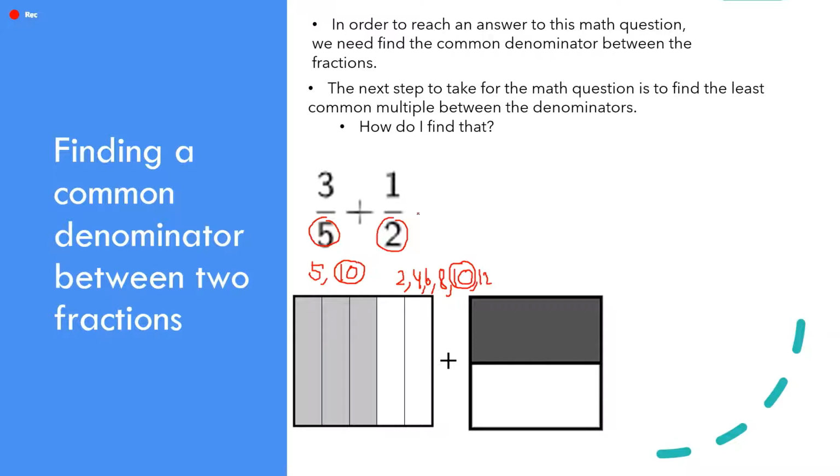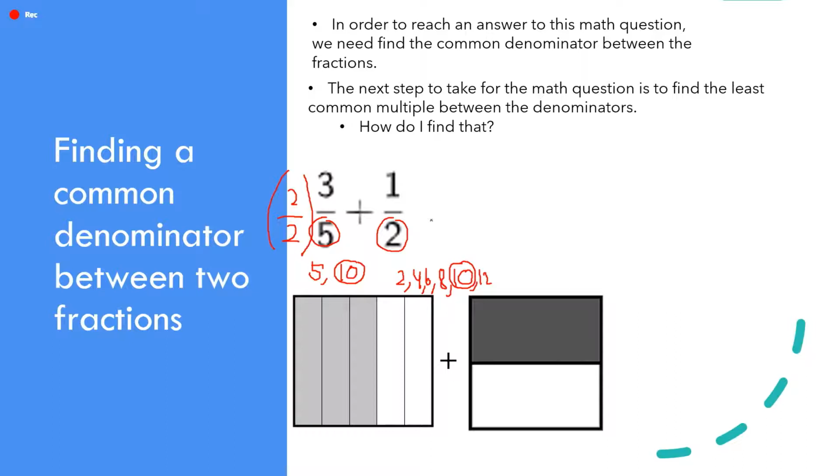Basically, in order to make these common multiples the common denominator, I have to multiply the original number by the number that it would take to make this number the least common multiple value. So in order to do that, I would have to multiply this entire fraction by 2 over 2.